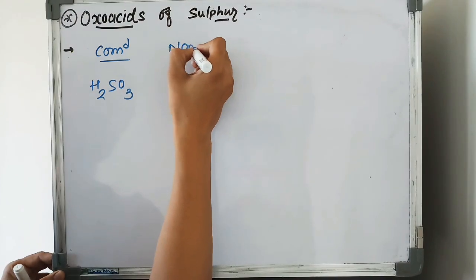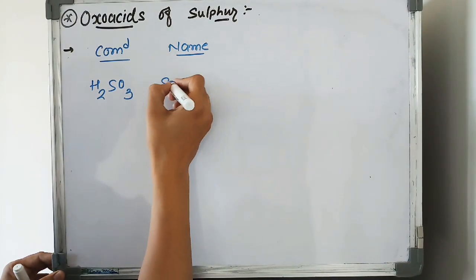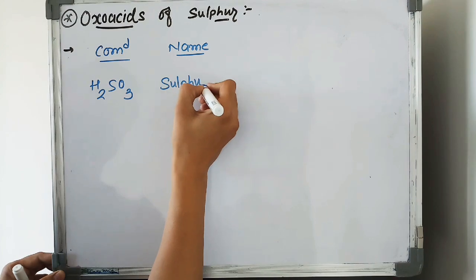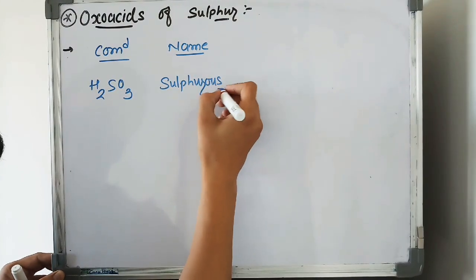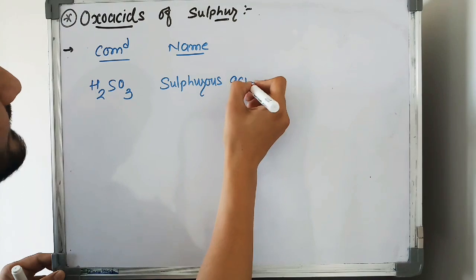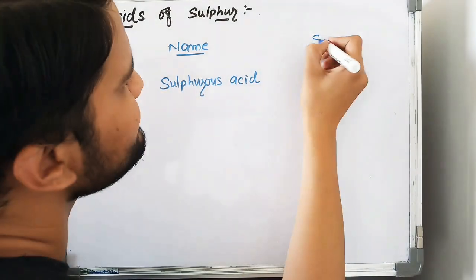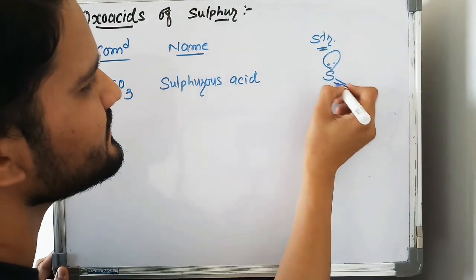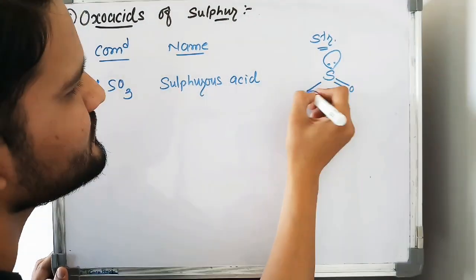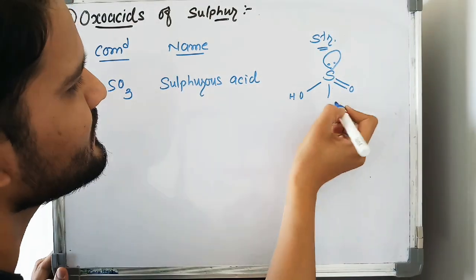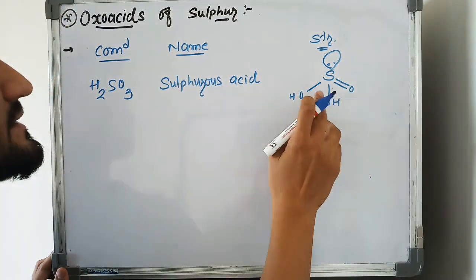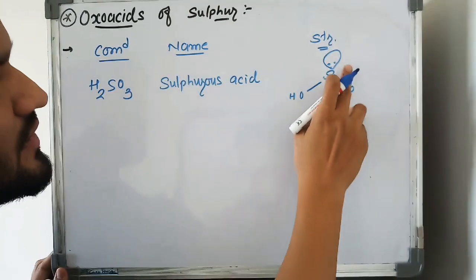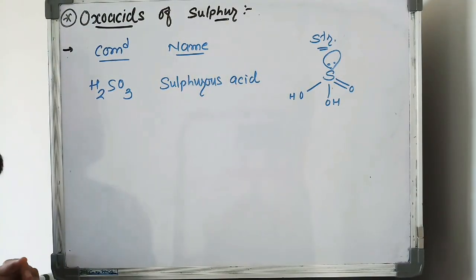The name of this compound is sulfurous acid, having a structure like this. 2 hydrogens are present and 3 oxygens. So this is H2SO3.